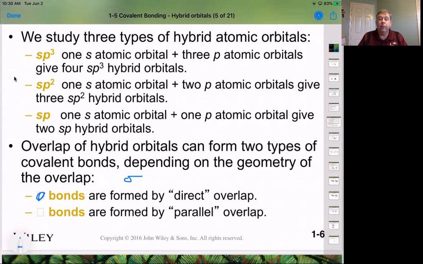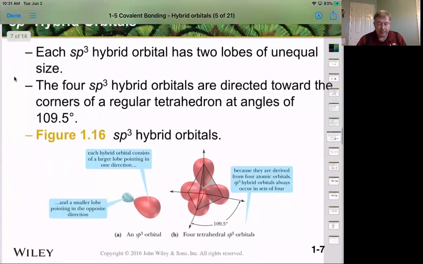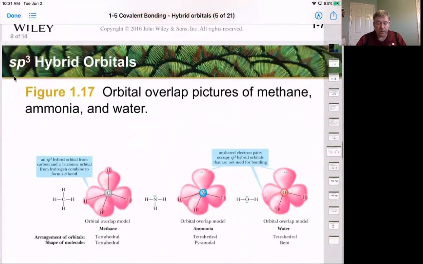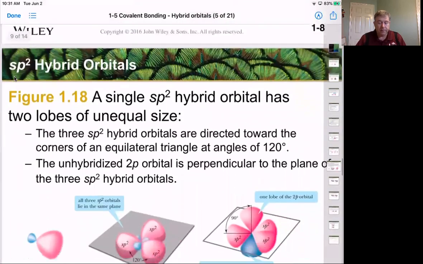Now, if we were to have an overlap with just a p orbital all by itself overlapping with a p orbital, that would be above and below the plane, and that would be what we call a parallel overlap or a pi orbital. So these are pi orbital overlaps, give us pi bonds. Those parallel overlaps give us pi bonds. Direct overlap give us sigma bonds. Okay. That being said, let's continue on with what our sp2 looks like, okay?